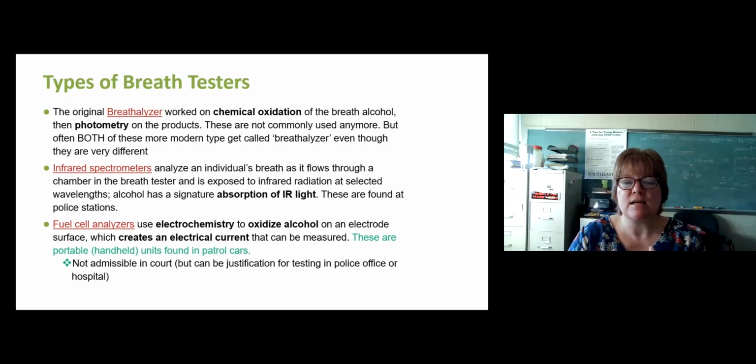And then there's a fuel cell analyzer. Those are the little things you breathe into that are small and pocket-sized, using electrochemistry. It uses electricity to oxidize the alcohol, and then measures the electrical current. The thing is, it's not so specific for alcohol.